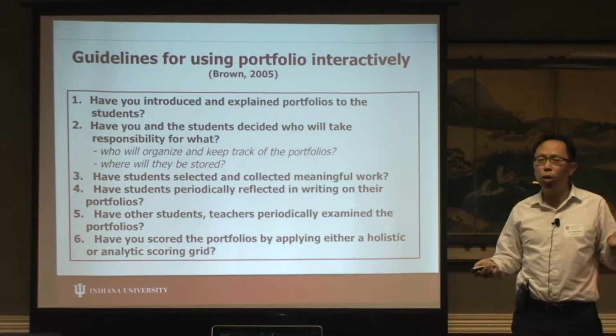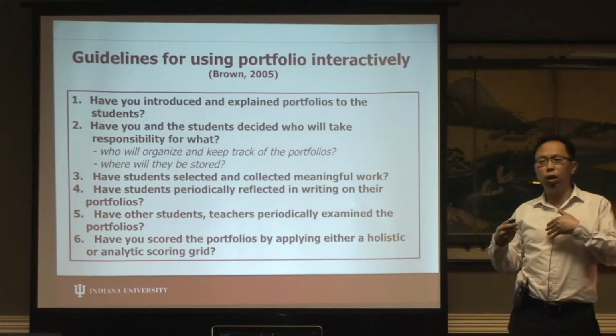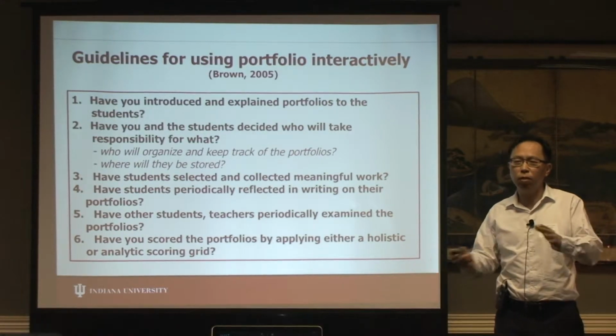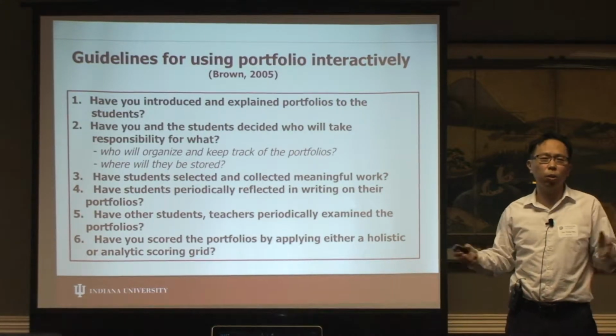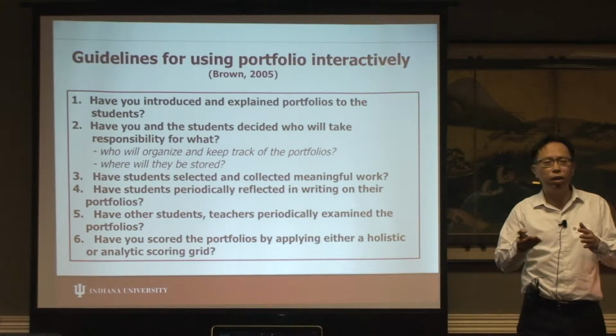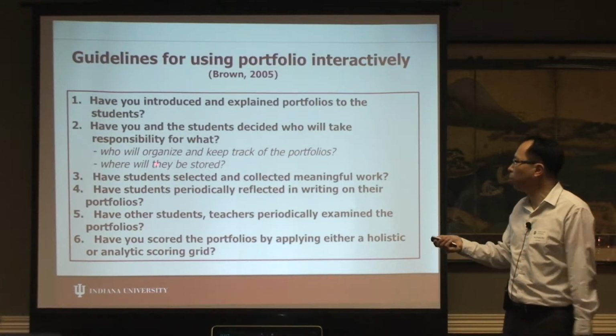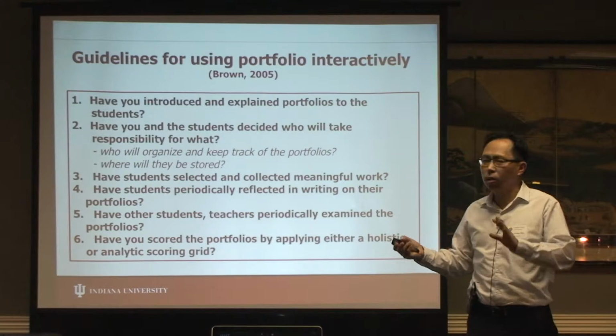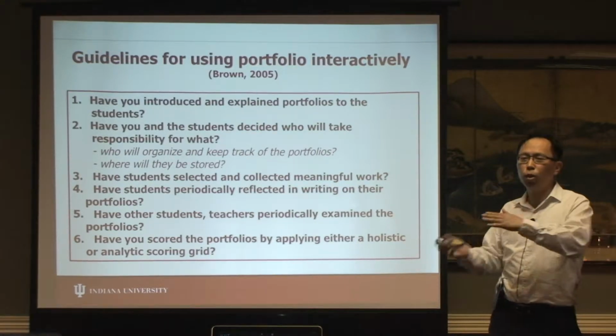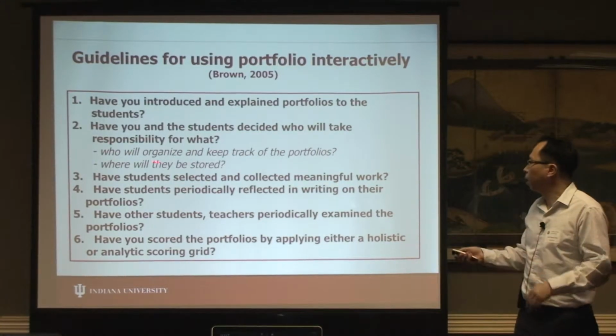Sometimes students do not know what to do, and then teachers do not know what to do. So at the end of the class, there are no works collected, or works are collected in a very haphazard way. So you have to clarify the responsibility: who will need to do this, who will need to do that.